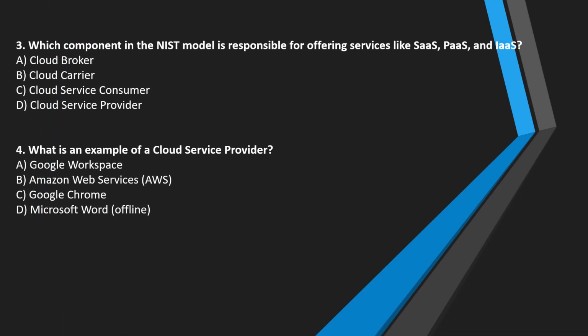The next question is, which component in the NIST model is responsible for offering services like SaaS and IaaS? Who is responsible? The cloud service provider, who provides the services. The next question is, what is an example of a cloud service provider? Amazon Web Services, who provide the services of clouds.